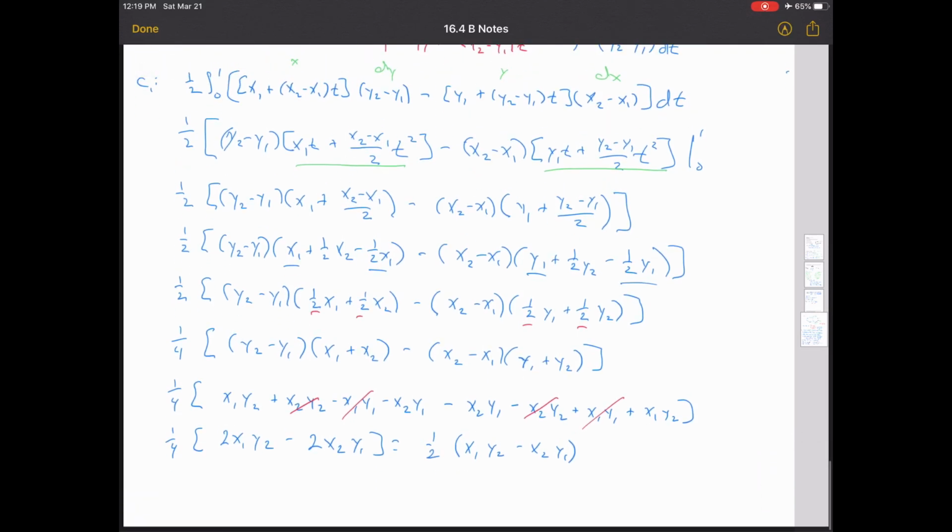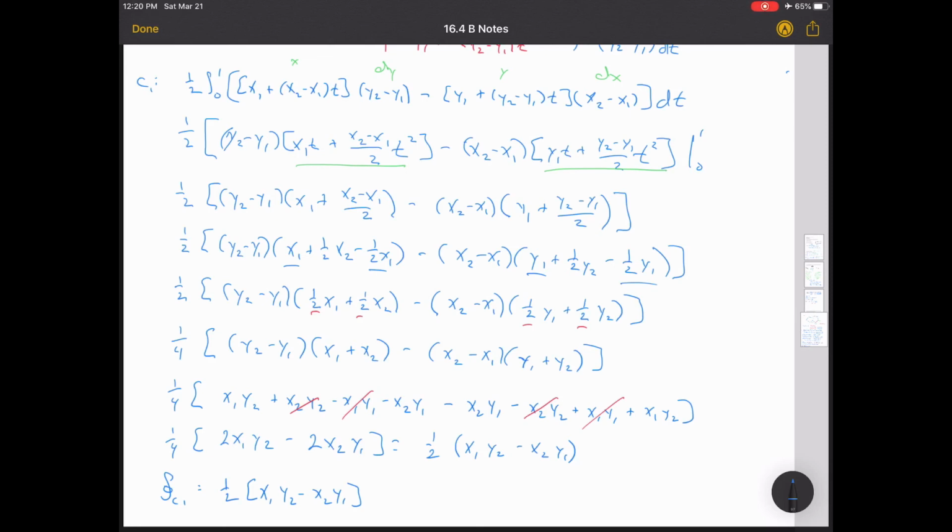I am almost out of room, but we're doing okay because we really don't need the whole thing. What we have is that the line integral for C1 is going to be 1/2 of x1, y2 minus x2, y1.